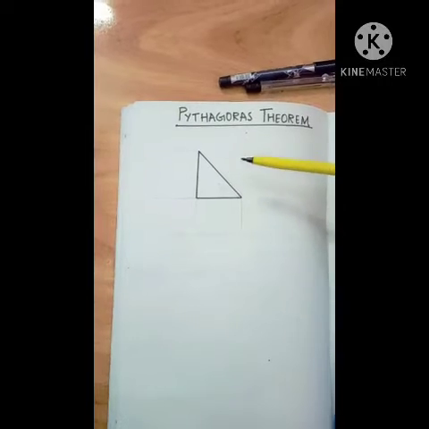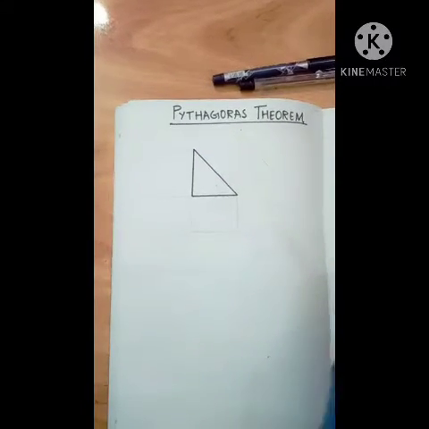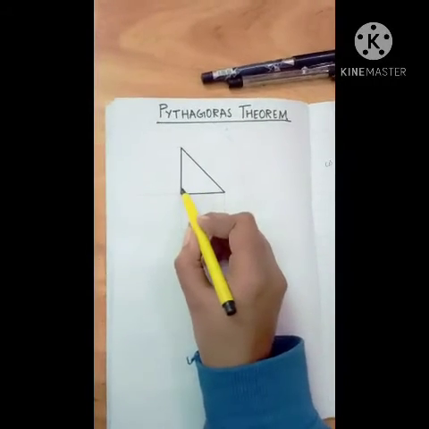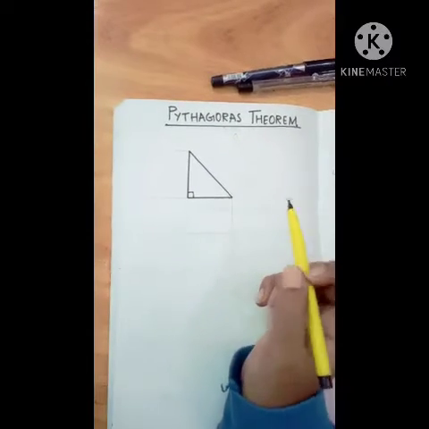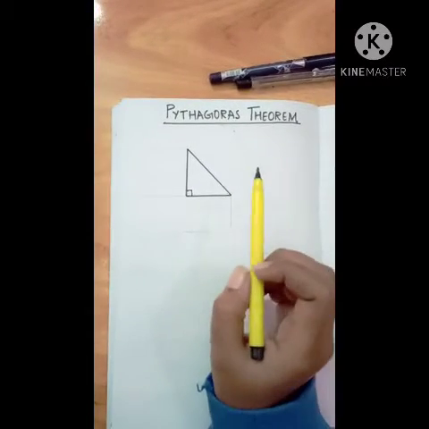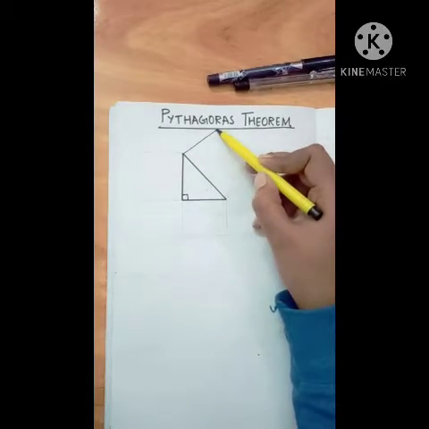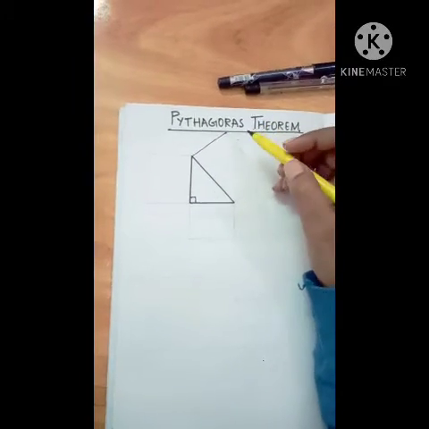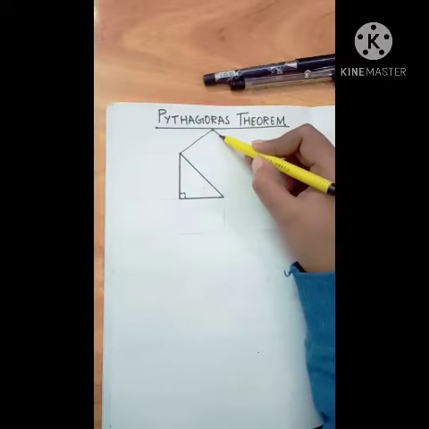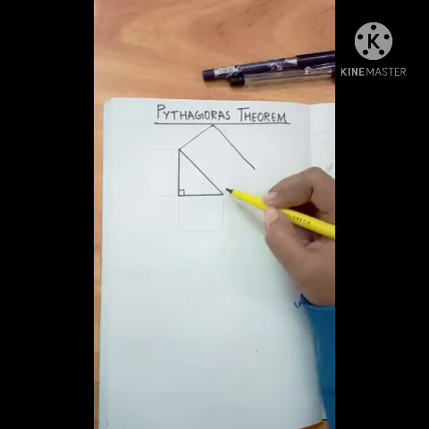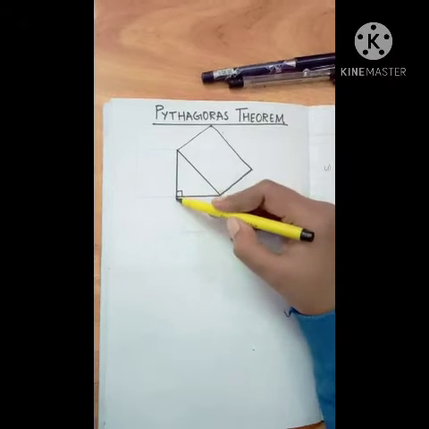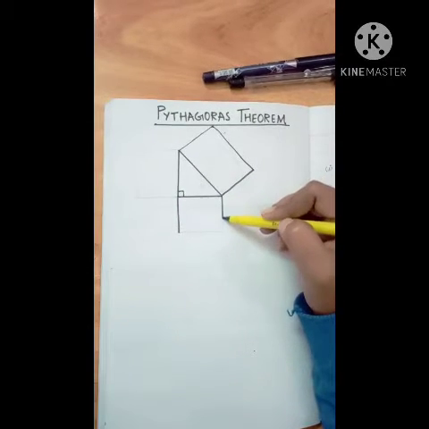If the triangle has a right angle, that is 90 degrees, and if you make a square on each of the three sides like this, here I have made a square.